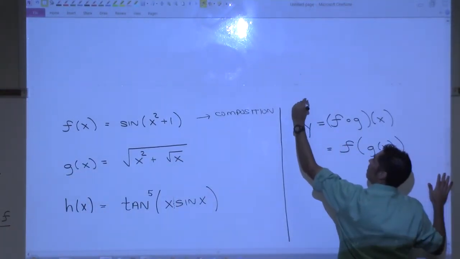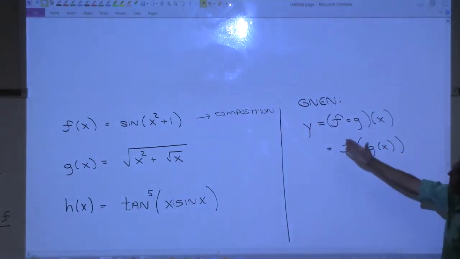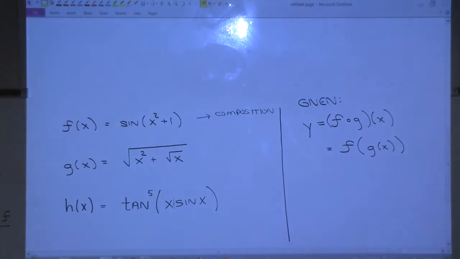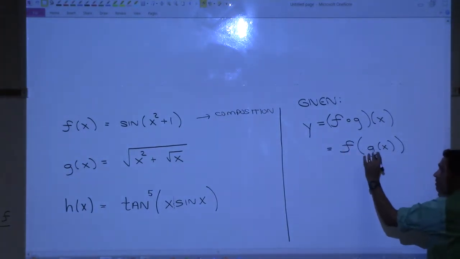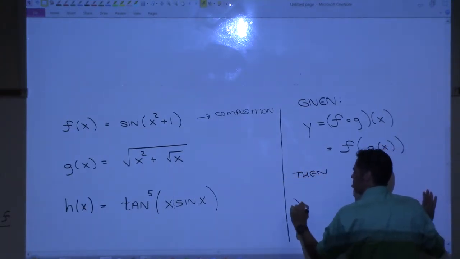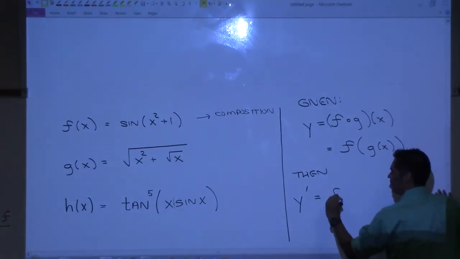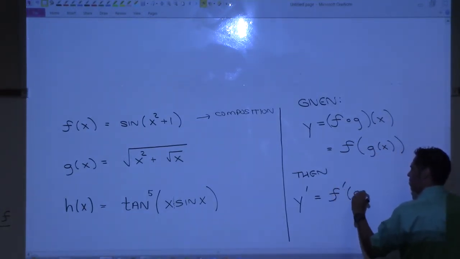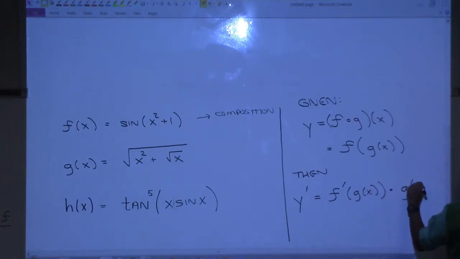Given a composition like this, y is the composition of f and g together, then the derivative of this is equal to the derivative of f at g of x times the derivative of g of x. That's it. That's the chain rule right there.